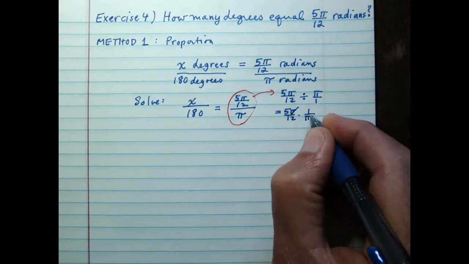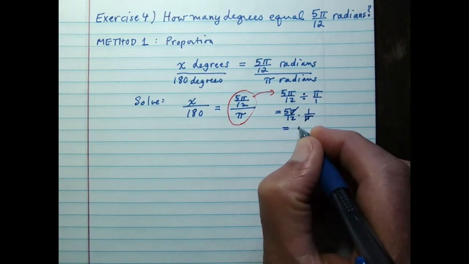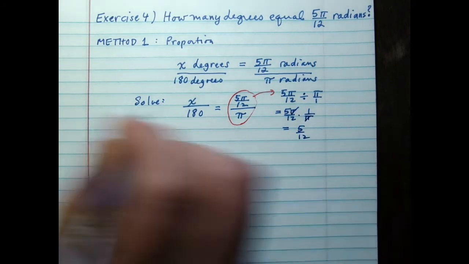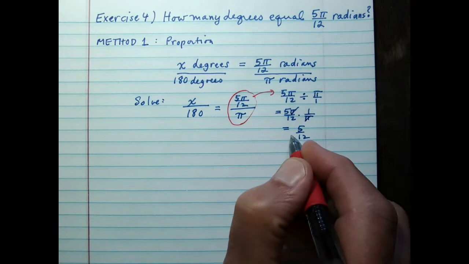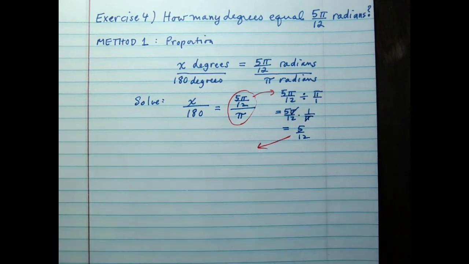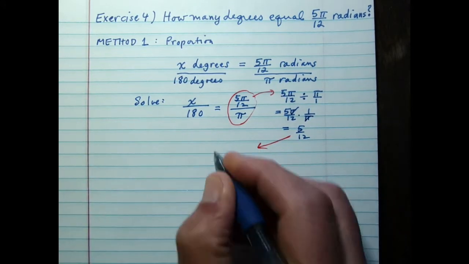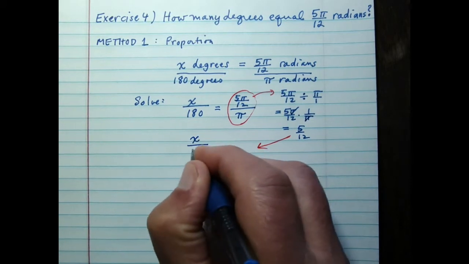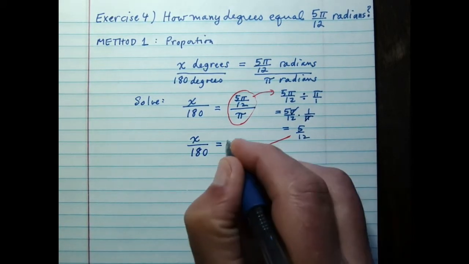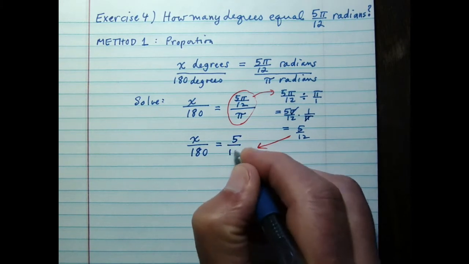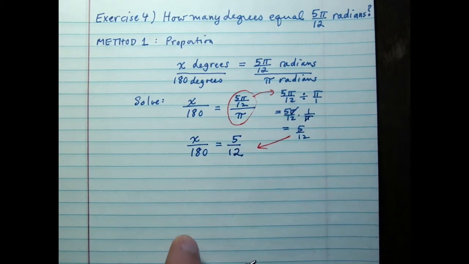Pi is actually going to cancel here, and I get 5/12. And so what I did was I simplified the whole right-hand side of that proportion. And then I can go back to the proportion, leave the x over 180 alone, I haven't even worked on that yet, and rewrite that right-hand side as 5 over 12. You don't have to do this, but that's just something I wanted to make sure you guys see.